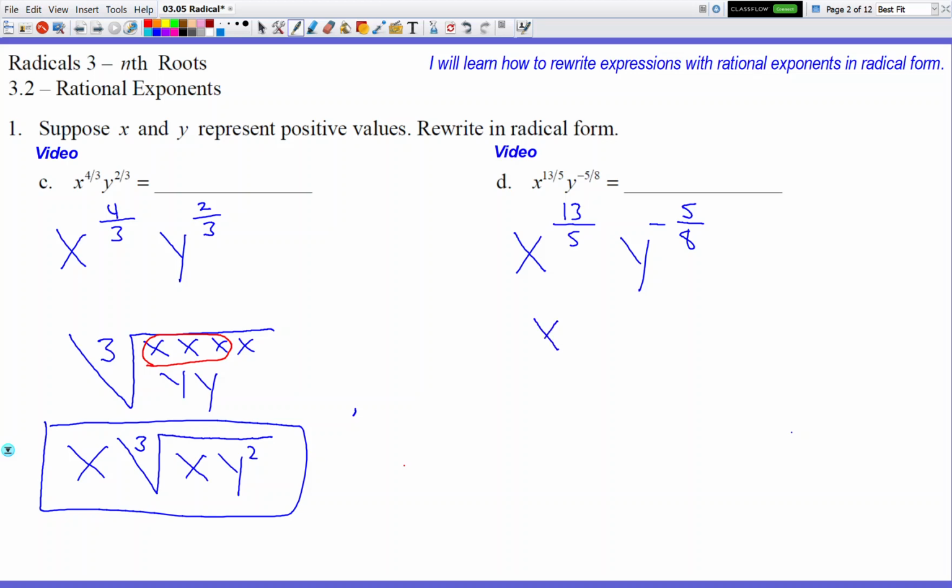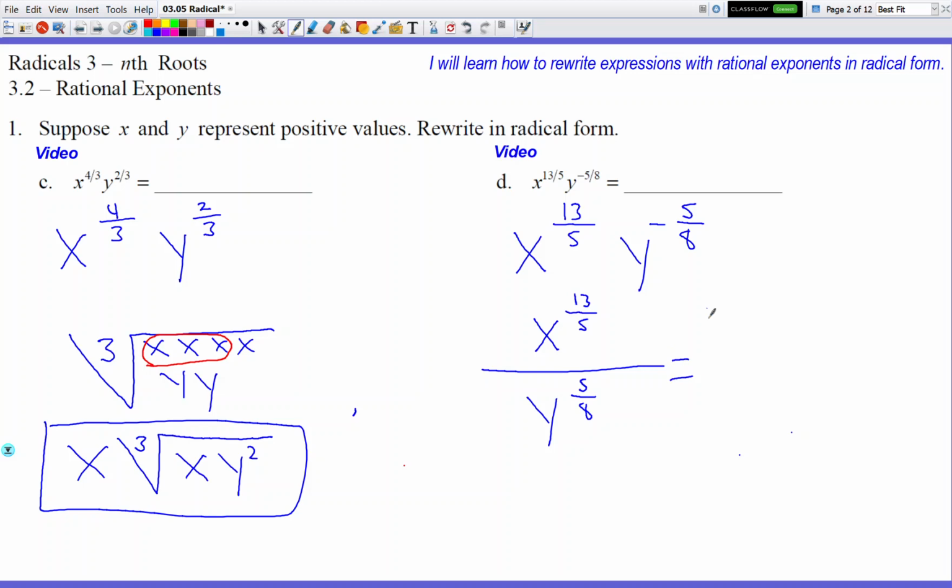Just imagine that negative sign is telling you where to put the entire y to the 5/8 power, and he's going to be put underneath the x, and the x just stays where he is because he has a positive power. So the only one that had to move was the y, because he had a negative power. So what do we have next? We have 13 x's. Let me just write this horizontally.